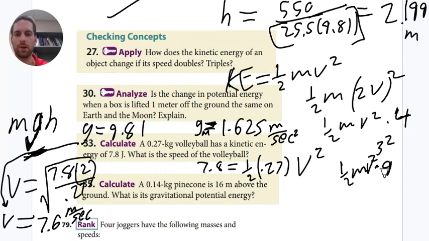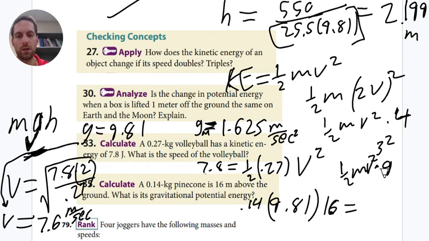For 35, I think that is. If we want to find the potential energy, 0.14 times 9.81 times 16 is mgh. So let me just find that.